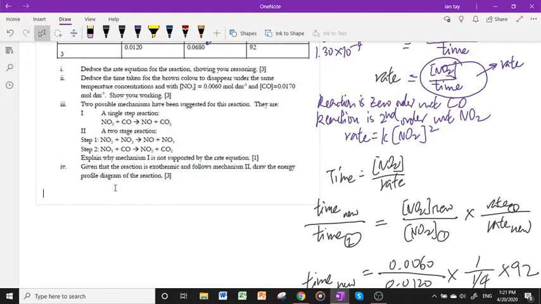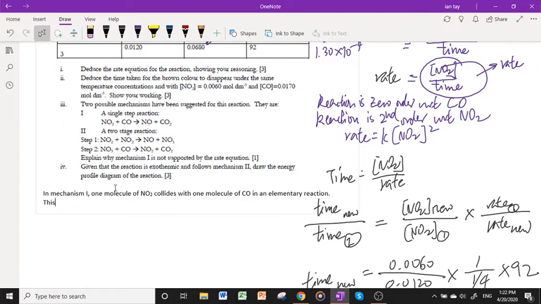So how I would answer this would be to say in mechanism 1, one molecule of NO2 collides with one molecule of carbon monoxide in an elementary reaction. Right? Recall, what does an elementary reaction mean? It means that the reaction mechanism is described by a single step.